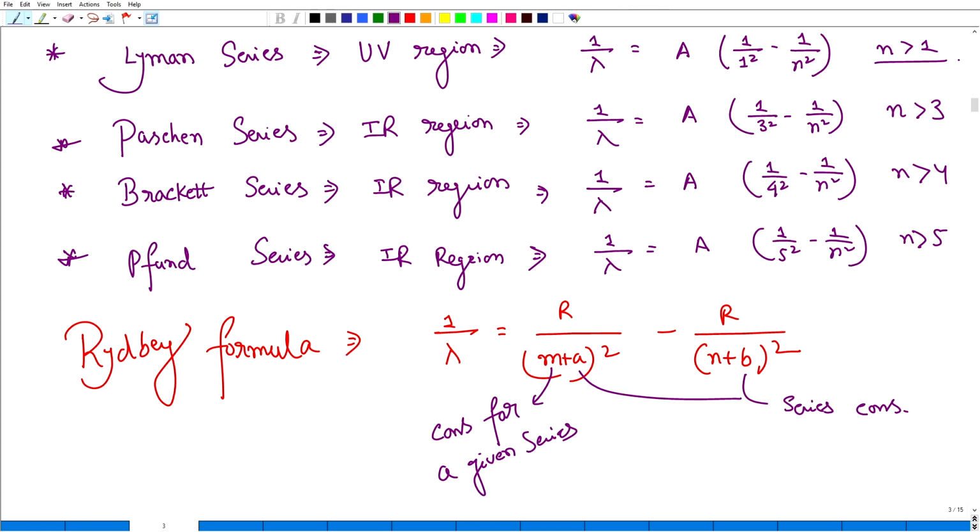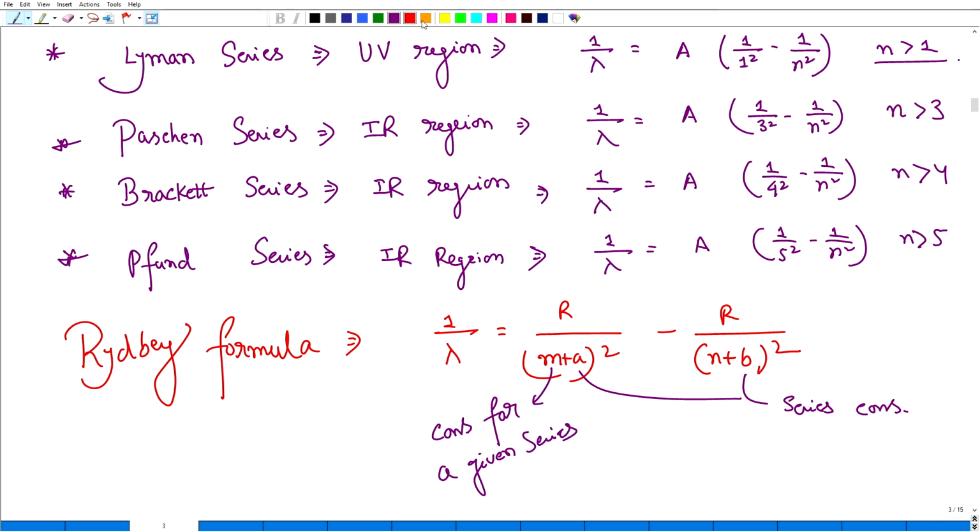If you want to derive the Balmer series from the Rydberg formula, R is equal to A, and M is 0, A is 2, constant for the Balmer series, N is N, and B is also 0. If you put M and B as 0 and A as 2, it reduces to the Balmer series. Similarly you can derive the other series as well.